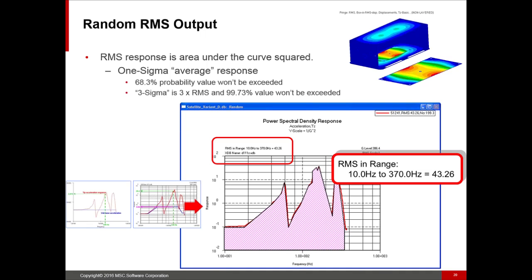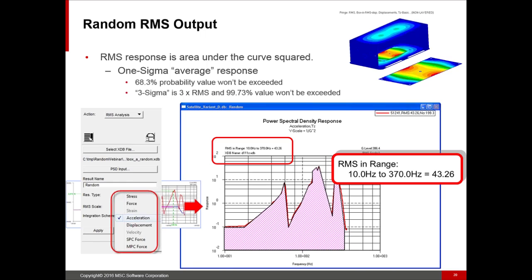You usually do want to multiply these values in order to get a 3 sigma type of output, and you could do that on the MSC.Random side, in Nastran with the output that's there, or under regular Actran results. You might want to multiply it there, but keep in mind that you're usually looking at a 1 sigma by default. As far as what the outputs are, this is just from Actran's MSC.Random module.